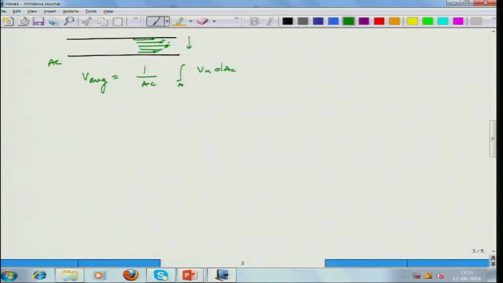So what about the mass flow rate through this entire cross section of a pipe?